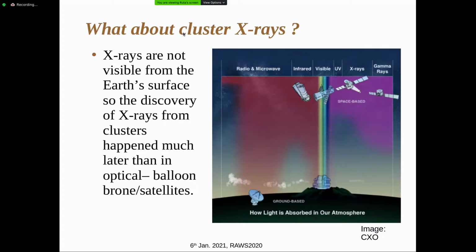Now that was about galaxies, but what about the intra-cluster medium X-rays? X-rays are not visible from the surface of the Earth because of our atmosphere. Until some techniques came about, like sending experiments attached to balloons in the high altitudes in the atmosphere or up to satellites, one did not have an X-ray view of the universe.